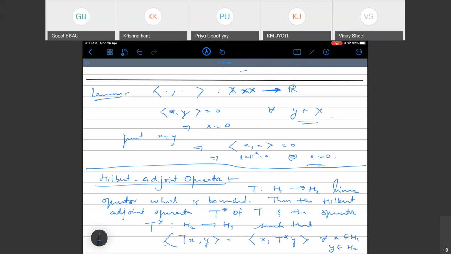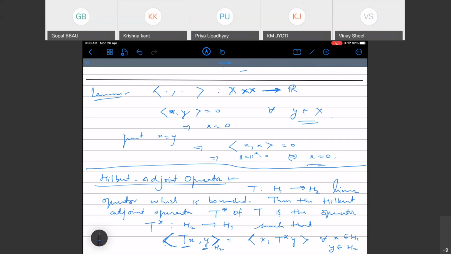Okay, so this ⟨Tx, y⟩: Tx belongs to H2 and y belongs to H2, so this inner product is in H2.